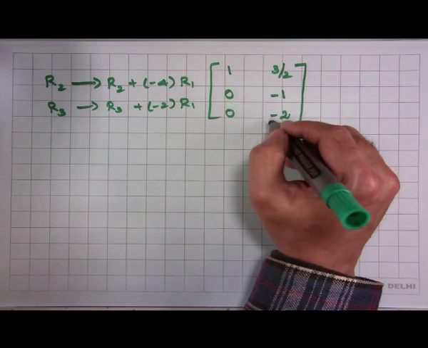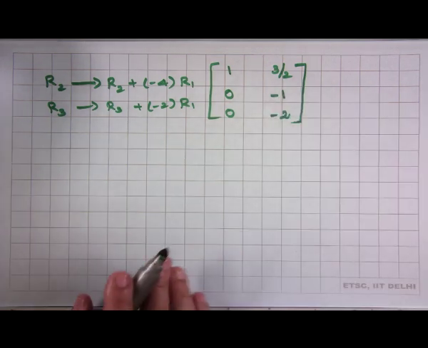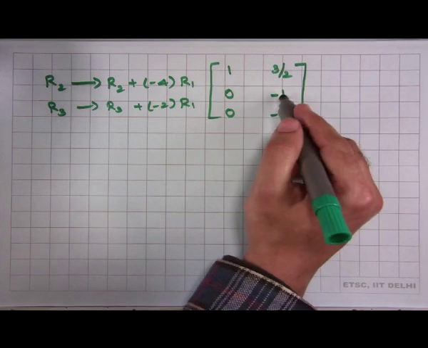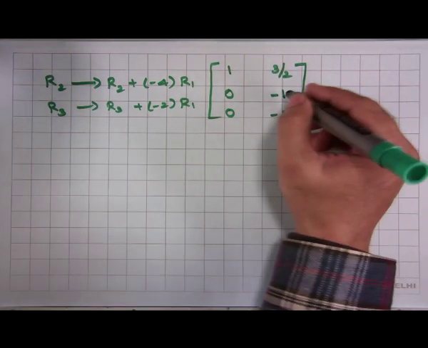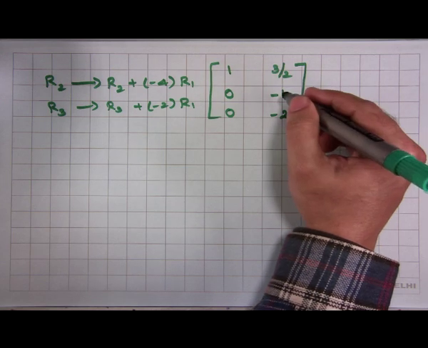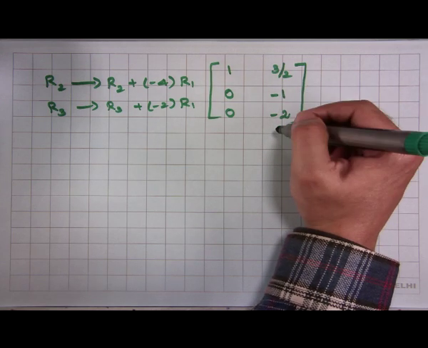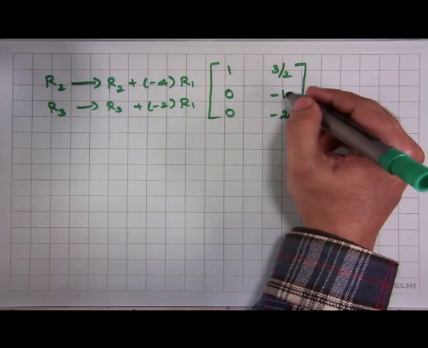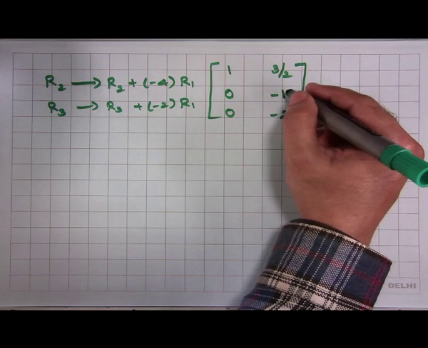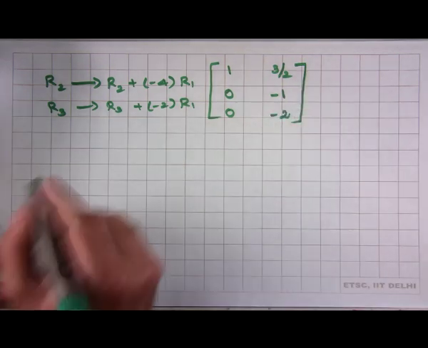What I will end up with is this 2 by 1 submatrix, which is itself non-zero. There is no zero row, and the first non-zero element appears in the first one. So, let me first make that into 1.